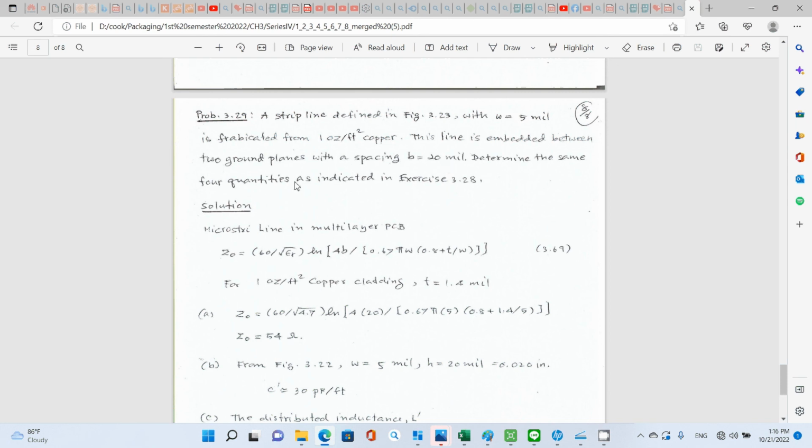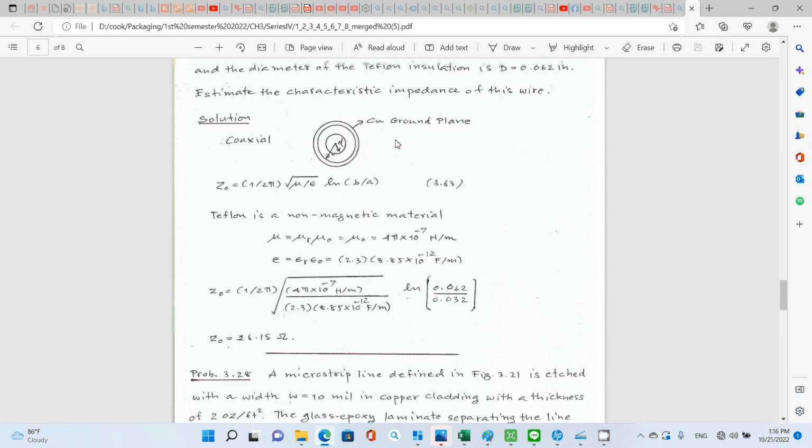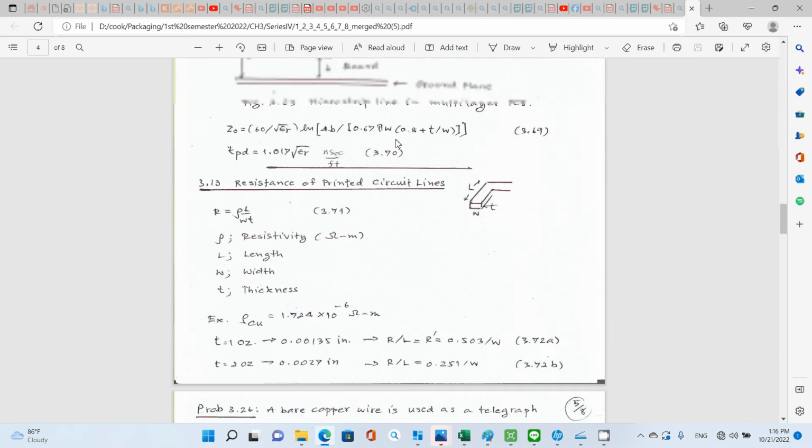Determine the same four quantities as indicated in exercise 3.28. These were for a strip line in multi-layer PCB. You have this one.